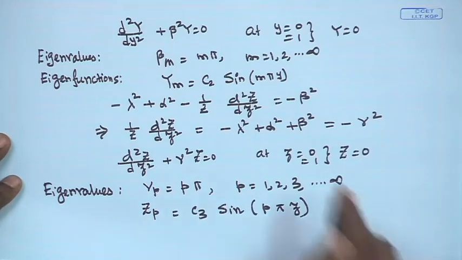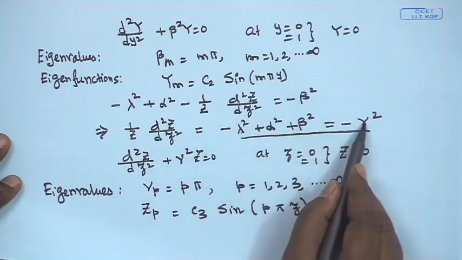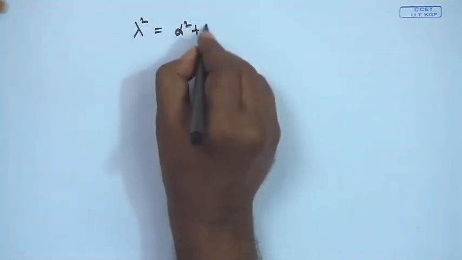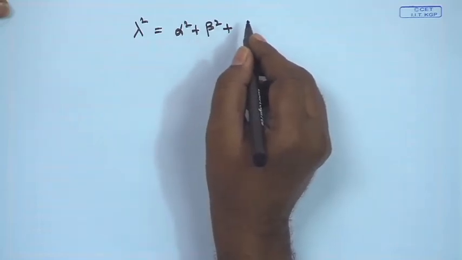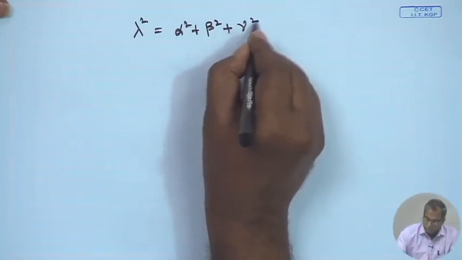So, this is the governing equation of lambda. So, if you take lambda to the other side and gamma to this side, what we will be getting is that lambda square is equal to alpha square plus beta square plus gamma square.